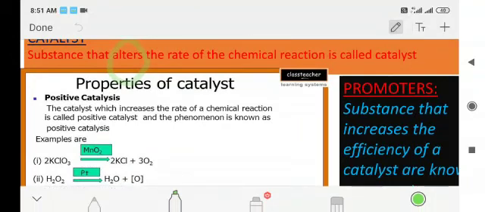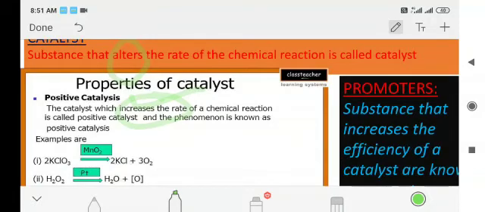Now here we have different types of catalysts. The first one is called positive catalyst. Positive catalysts are those catalysts which increase the rate of the chemical reaction. Remember, a catalyst will not take part in the chemical reaction.